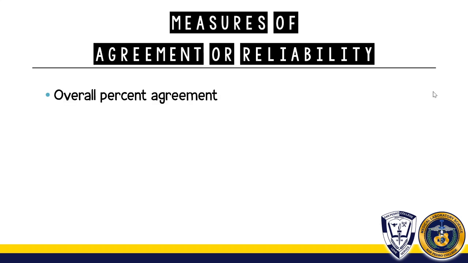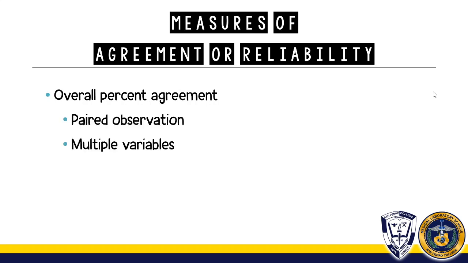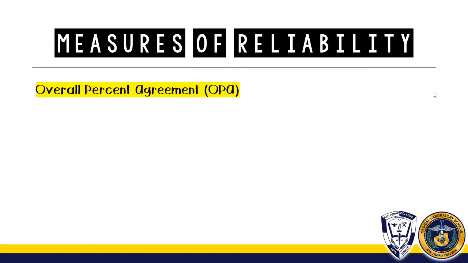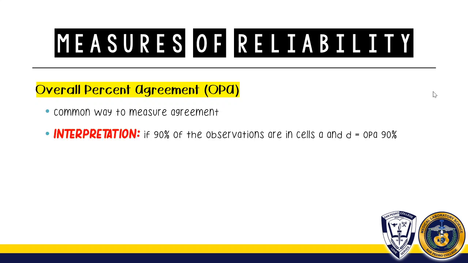So the ways of measuring your agreement or reliability are your overall percent agreement, which can be divided into two parts: we can compute overall percent agreement for paired observations or when there are multiple variables. And lastly, your kappa test ratio. So let's start with your overall percent agreement, or OPA, a common way to measure agreement.